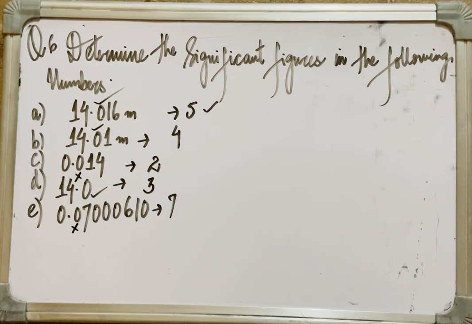So this number has 7 significant figures. Let me summarize it once again. All non-zero digits are significant, but zeros at the beginning are not significant. Zeros between the digits are significant, and zeros at the end are significant. So this is about the significant figures.